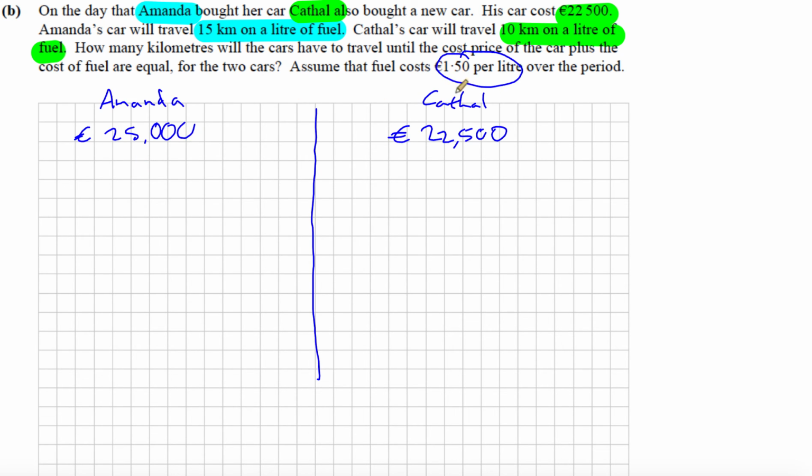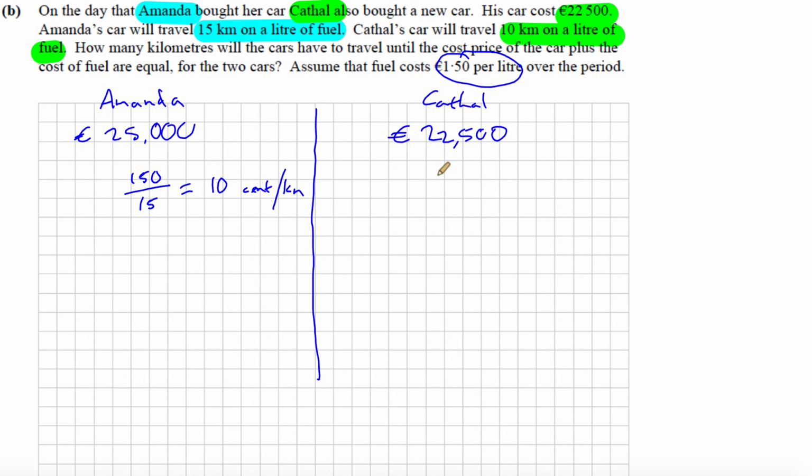So we'll put this in cents. 150 cents, but we're going to divide that by the kilometres that Amanda gets on a litre of fuel, so that's 15. So 150 divided by 15, that gives me 10, and that's cents per kilometre.